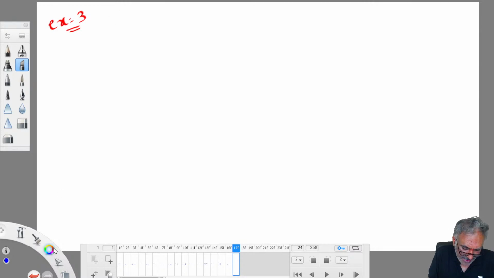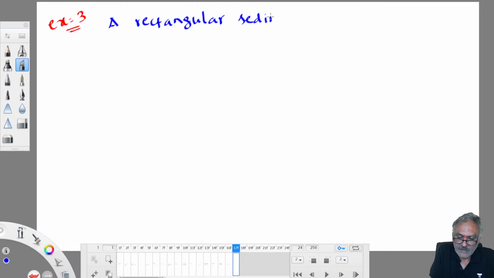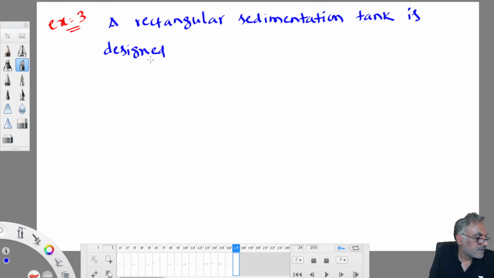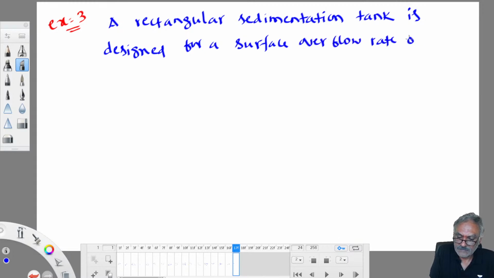A rectangular sedimentation tank is designed for a surface overflow rate of 12,000 liters per hour per meter square.